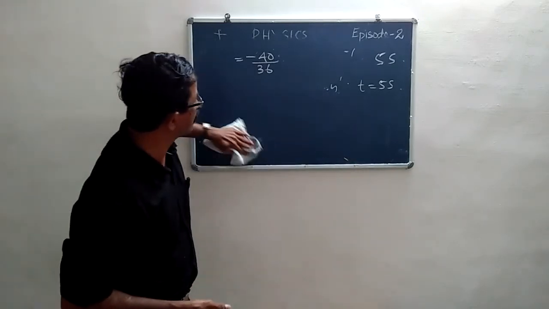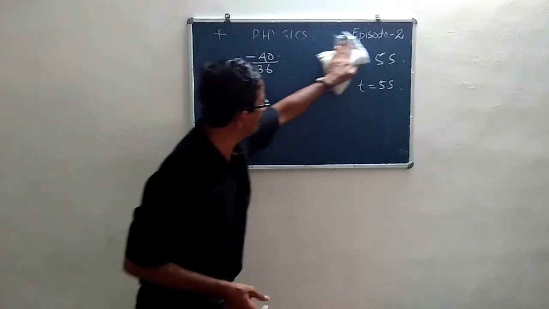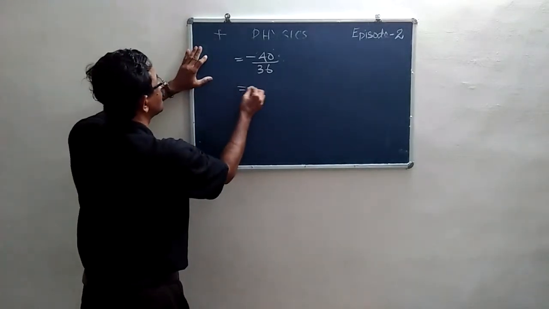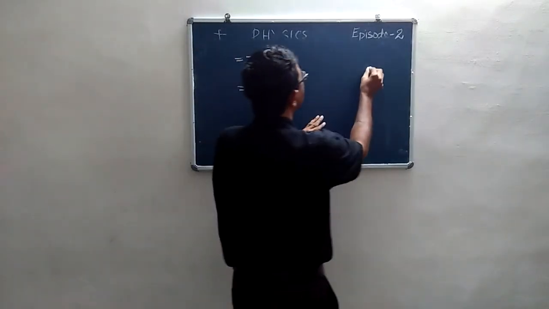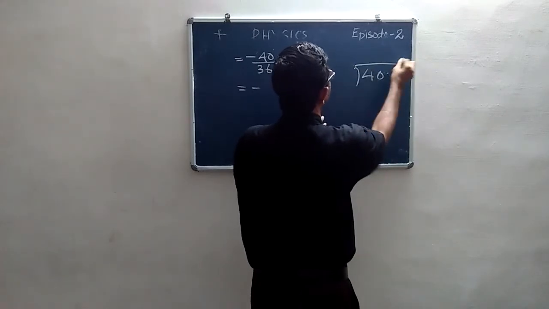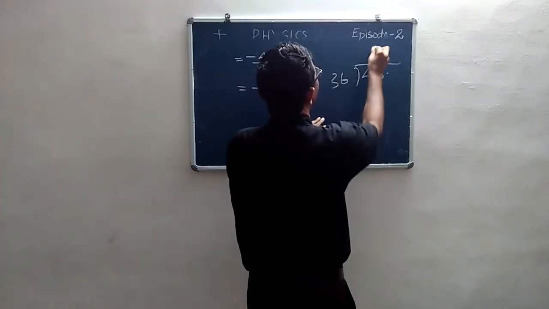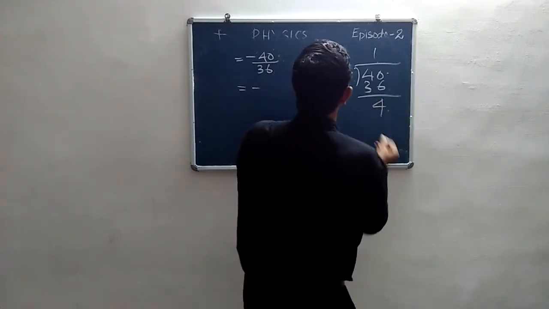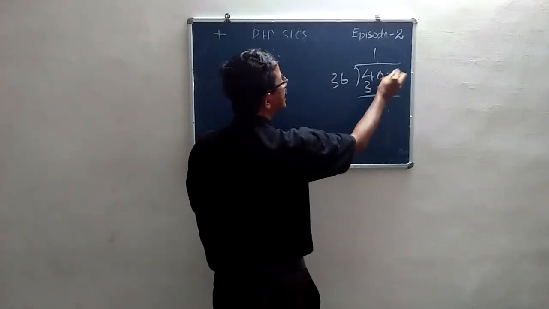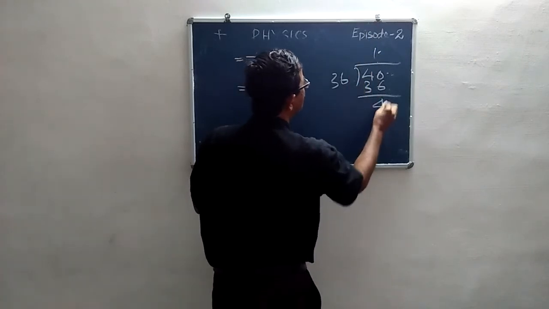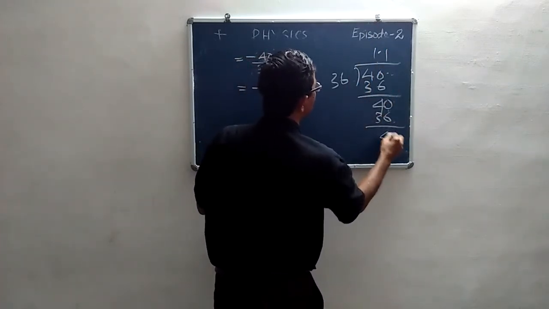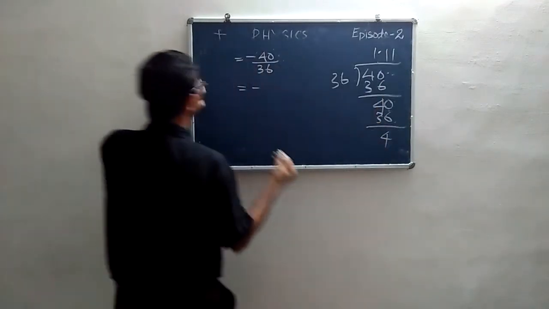When we divide, without the negative sign we can divide first, then we can give the negative sign. That is equal to minus 40 by 36. 1 times 36, remaining 4. Now here no more digits, so put a decimal, 40 again, 1, 36, again 4. In this way it will repeat.